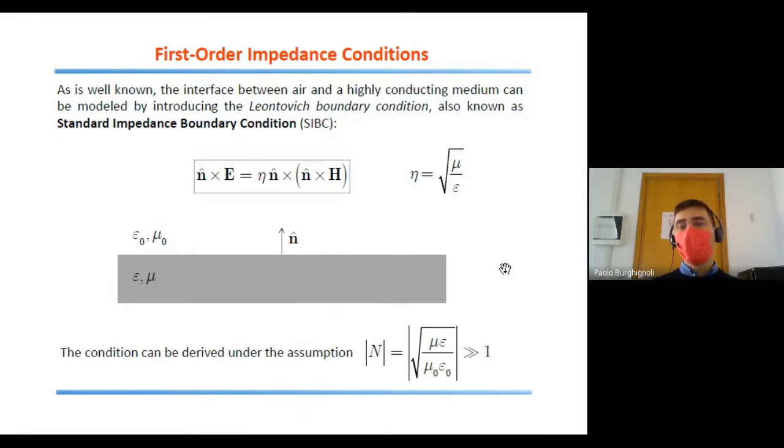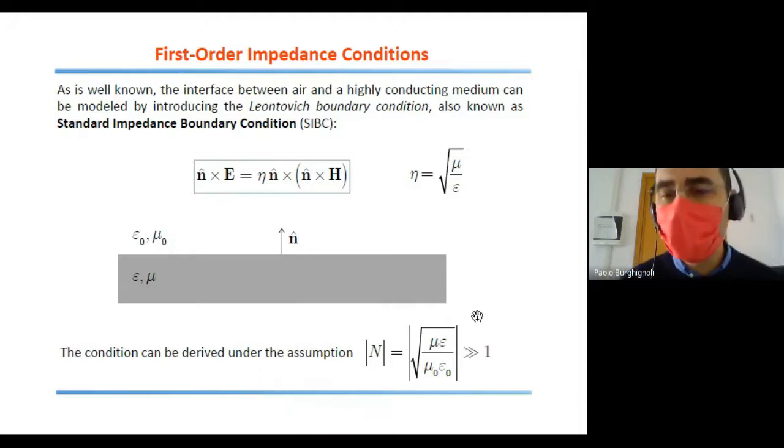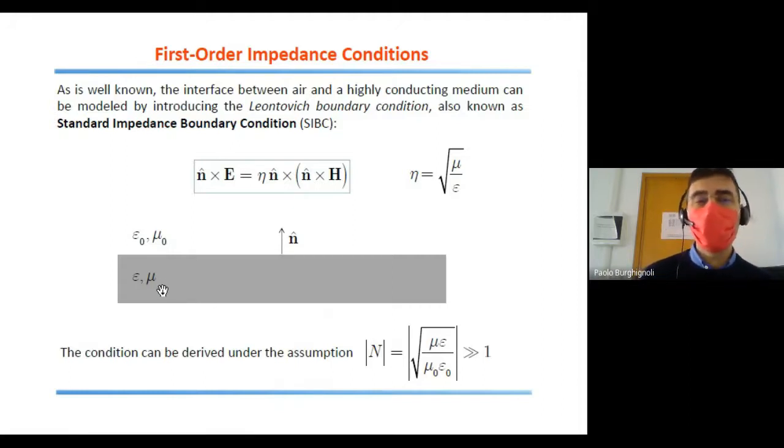If we introduce the refractive index, as customary, as the square root of the product mu epsilon between the two media, its absolute value is in general complex, since the constitutive parameters of the lower medium can in general be complex.